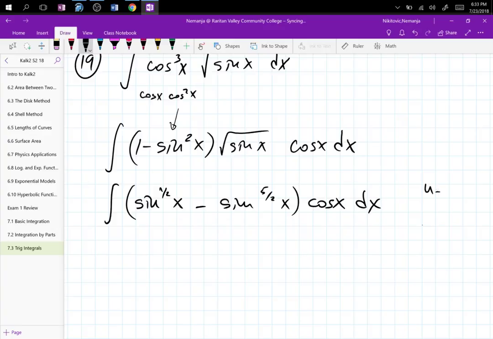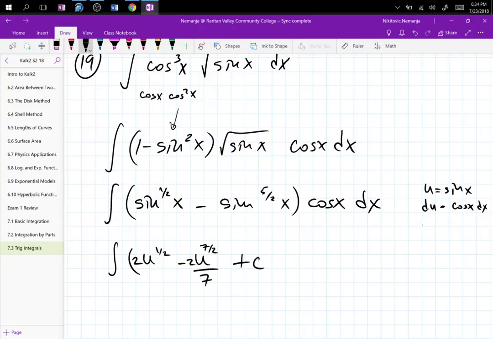So again, u equals sine x, du equals cosine x dx, and you plug in everything. So this becomes u to the 1/2 minus u to the 5/2. Now we need to divide by 7/2 over here, and we need to divide by 1/2, which is times 2. Good. Plus c.